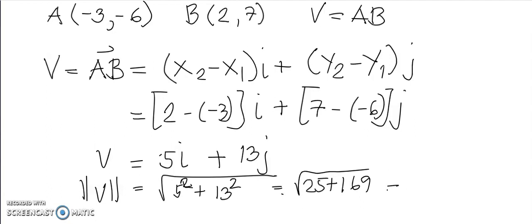So therefore the magnitude of v is equal to the square root of 194. If you can simplify it further, you have to simplify, but if not, you just leave it with that answer. Okay, so next example.